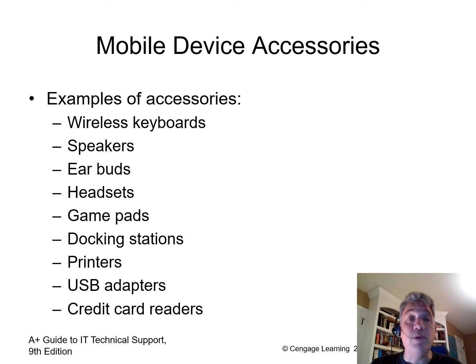Drivers of Lyft and Uber, for example, often use their cell phones to accept payment from riders. And these other devices are common not just to smartphones, but also to laptops. So having external speakers, a wireless keyboard for a particularly small device, et cetera, right? All these things can be very useful to improving the user experience.